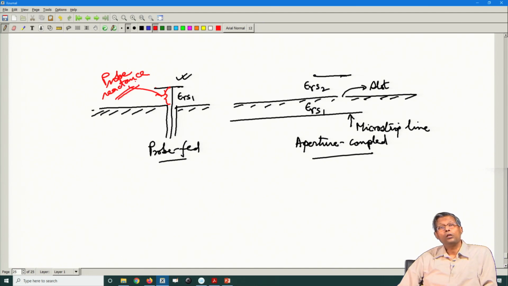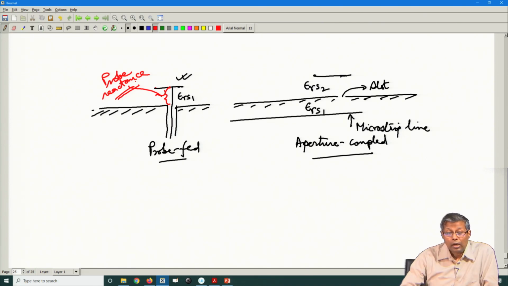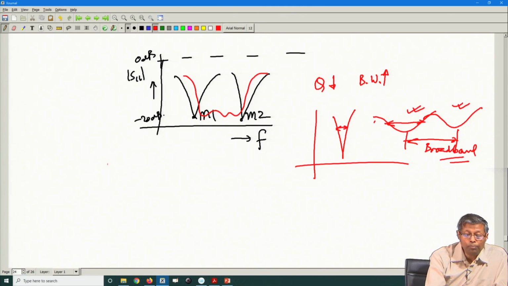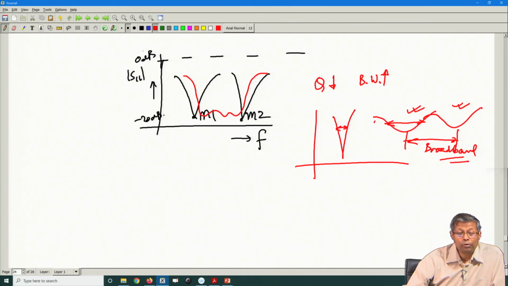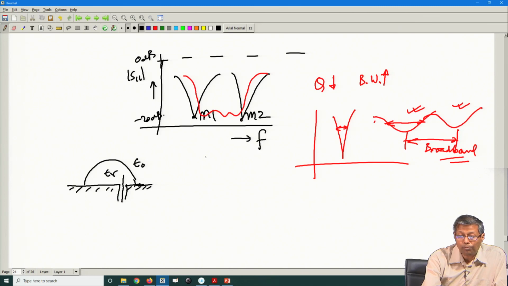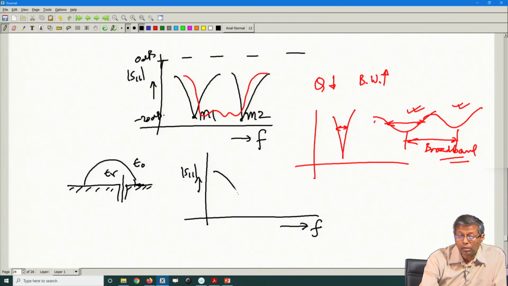As I told you, the difference between loaded and source free resonance, if you look at the slide, if you compute the source free resonance of this kind of a structure, which is excluding the probe, let us say this is a dielectric resonator antenna, and you have computed the source free resonance of this, and you have also performed a simulation with the probe and found out the S11. So, that S11 is here.